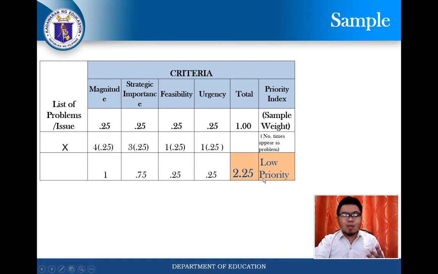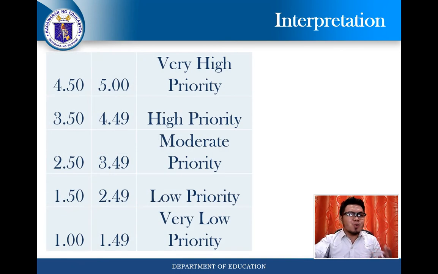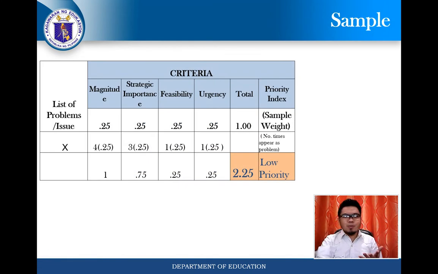So, balik ko lang doon sa previous slide ko. Kapag 2.25 yan, dito siya papasok sa low priority. Di ba po? So, i-refer natin yung interpretation. Meaning to say, itong project proposal na to, na nakita nating problem sa school, or issue sa school, can be referred as low priority.